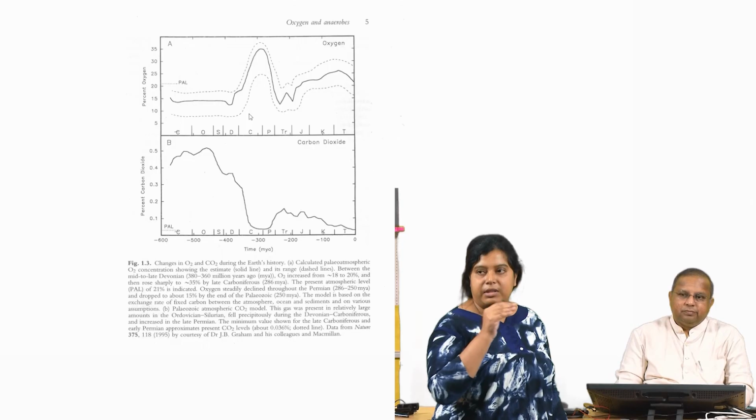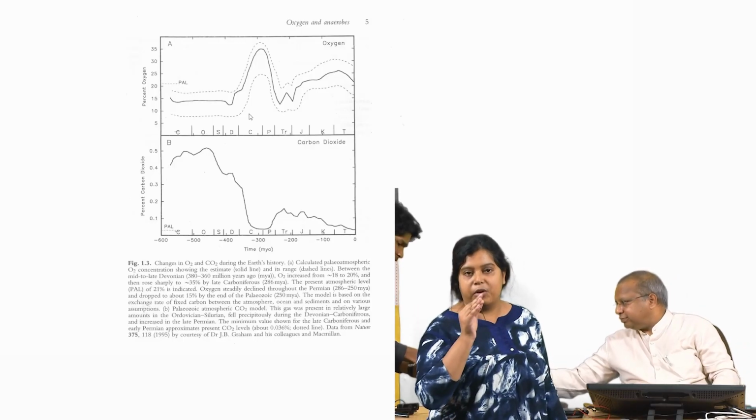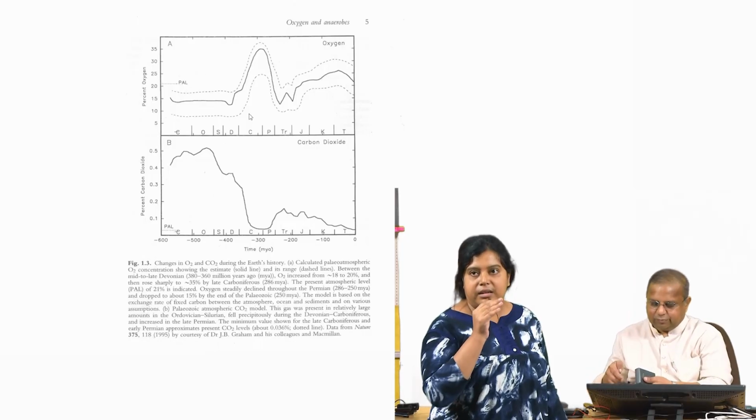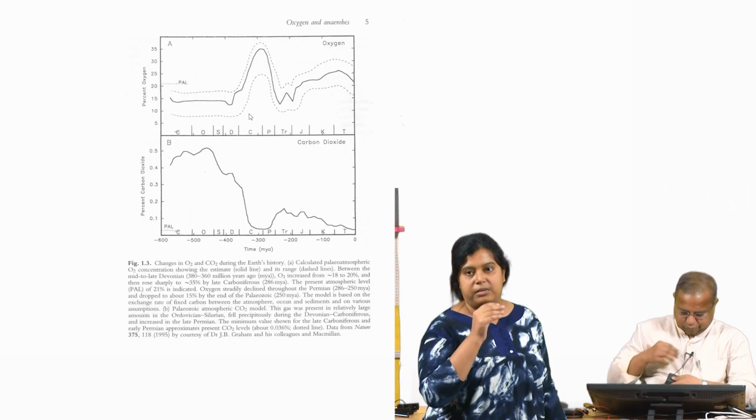But after that period there were forest fires and volcanic eruptions, which led to destruction of forests, and as a result the oxygen level decreased and the carbon dioxide level increased in the atmosphere.